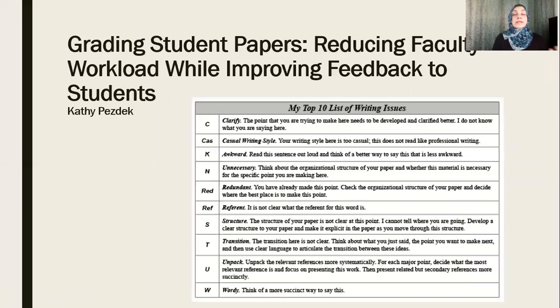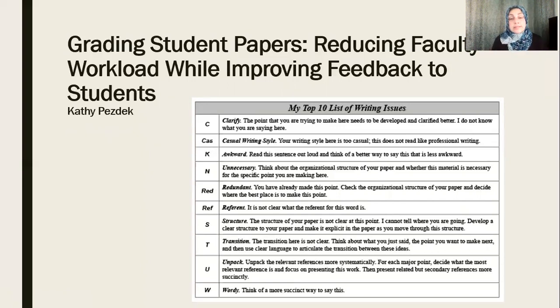So, grading student papers, reducing faculty workload while improving feedback to students. This is a paper written by Kathy Pestek. And in this paper, Kathy actually highlighted a list of top 10 criteria that she used in assessment of writing issues in assignments of students.